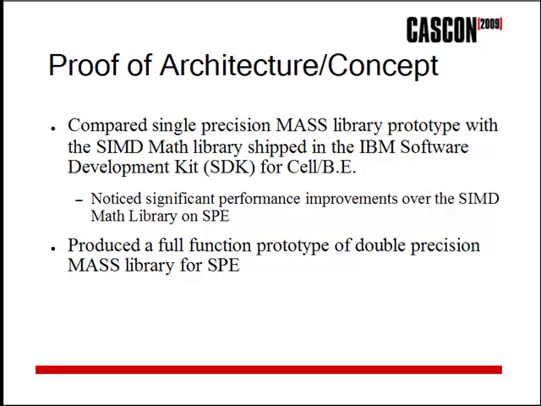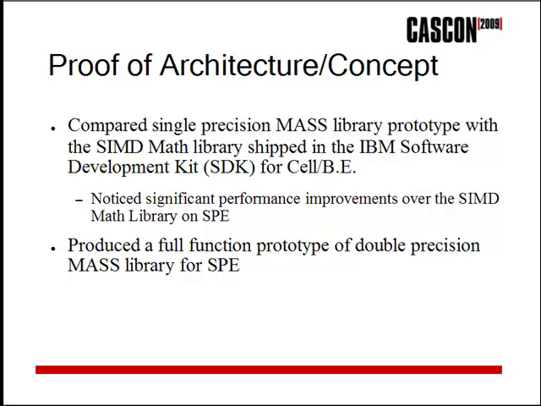The team has successfully created a working prototype of single precision and double precision versions of the MASS library for the Cell Broadband Engine. We compared a single precision MASS library prototype with the SIMD math library, which is already shipped with the IBM Software Development Toolkit for Cell Broadband Engine.